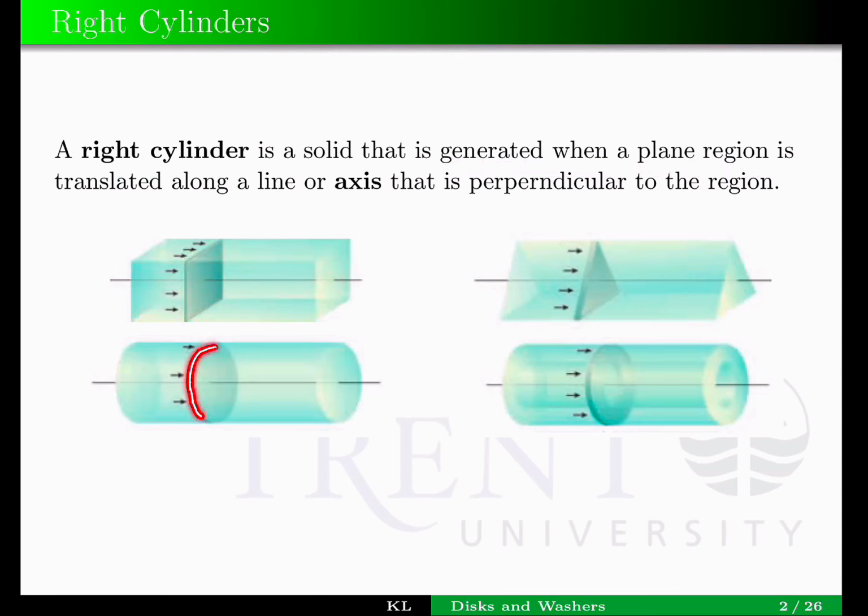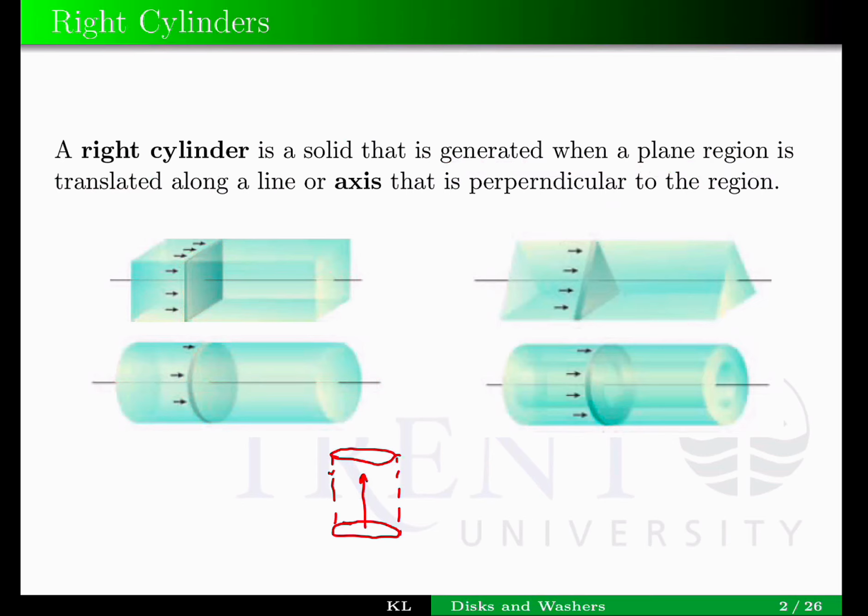Similarly, here we have a circle and this is translated horizontally because the circle is vertical. Same is true with this one and this one. Of course, you can have your plane region to be horizontal, say like this, and then this is translated vertically. So if we translate this vertically, then we will still get what we call a right cylinder.